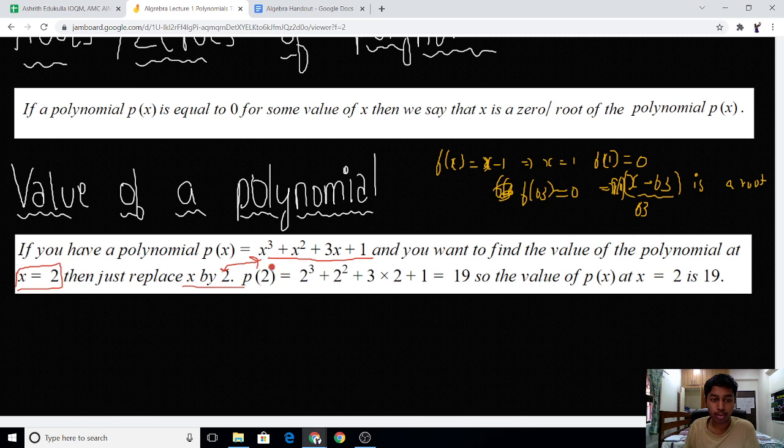So p of 2 equals 2 cube plus 2 square plus 3 into 2 plus 1. Obviously you can't replace anything in the 1, because there is no variable there. When I sum it up, I get 19. So the value of p of x at x equals 2 is 19. These were really simple concepts, guys.